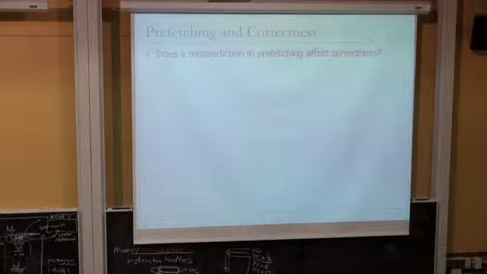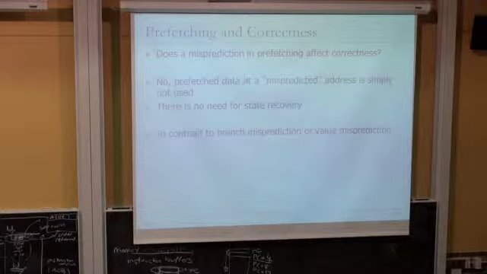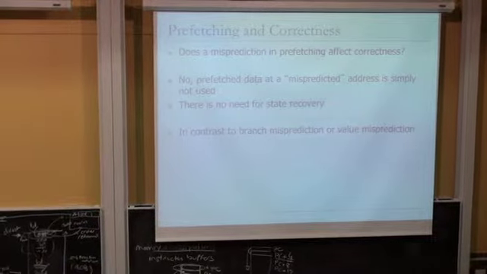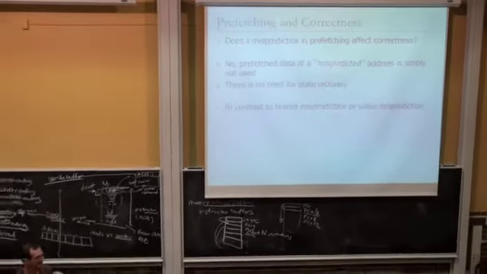You fetched the wrong thing, but that doesn't affect correctness because you didn't even use it for anything. So there is no need for state recovery in case of prefetching. You just prefetch the data, place it somewhere, and most processors place that prefetched data into caches today. And I'll give you an example of this. And if it doesn't get used, it gets evicted, right?